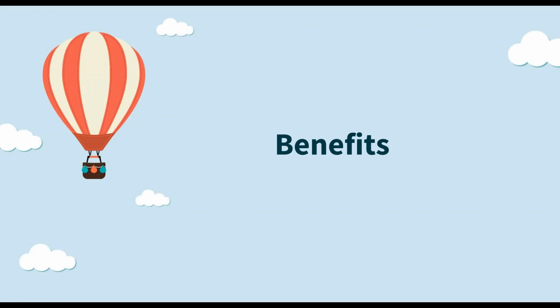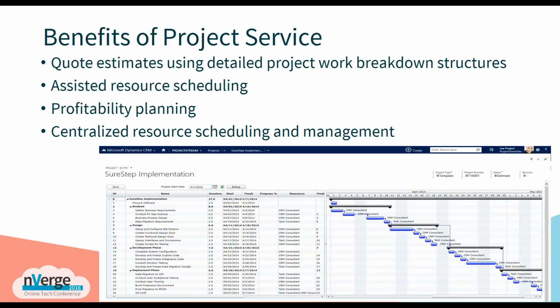So let's take a look at some of the benefits here. From project service, we are actually able to use subject matter experts to build project timelines, which are then allocated to very detailed quotes.